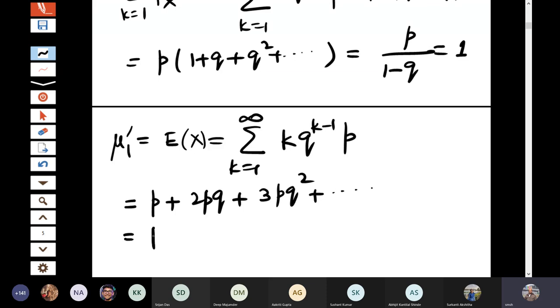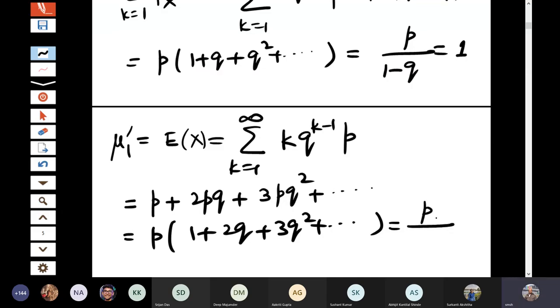And if you take out p here, then the series that you are getting inside the parenthesis is nothing but an arithmetico-geometric progression that you know, and the sum is, what is the sum? Can anybody tell me? It is 1 minus q to the power minus 2. So it comes in the denominator. So it becomes 1 by p.